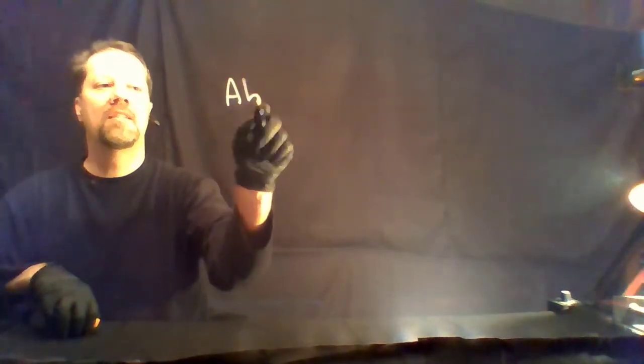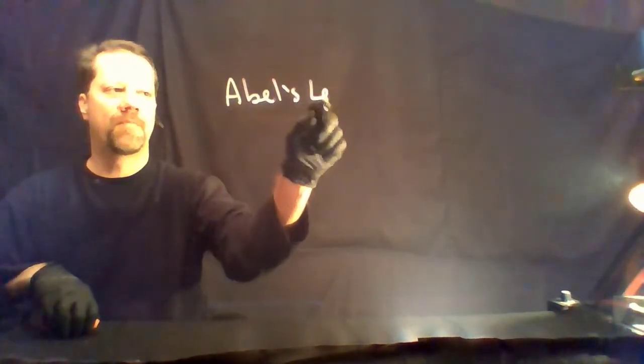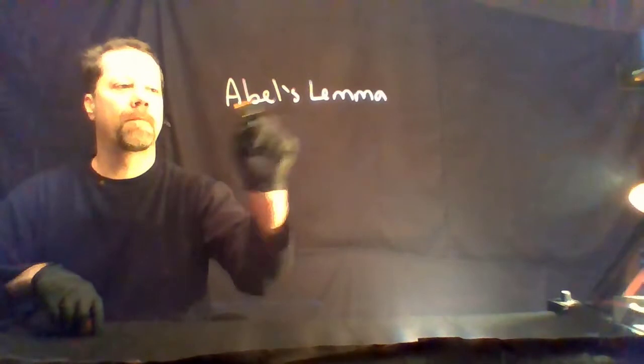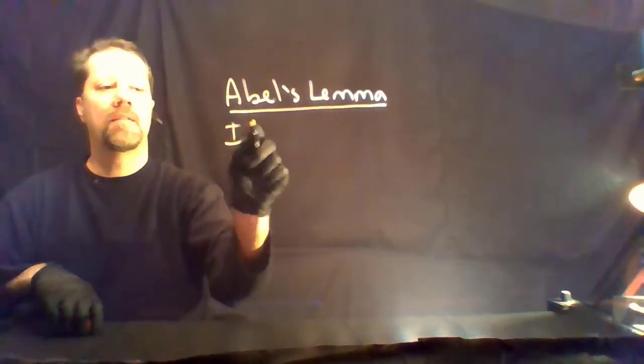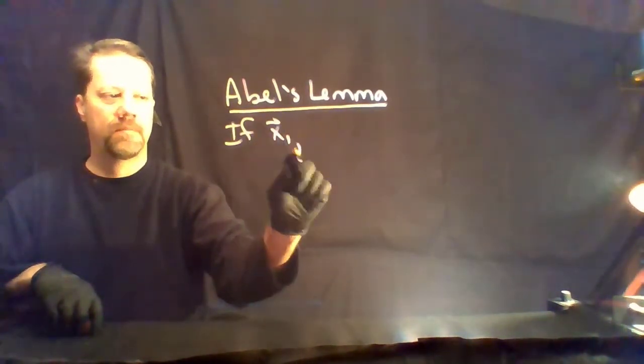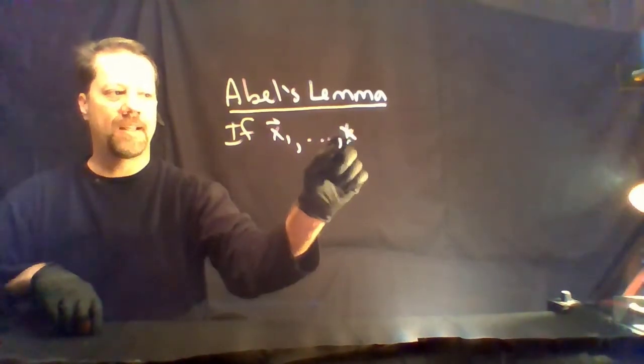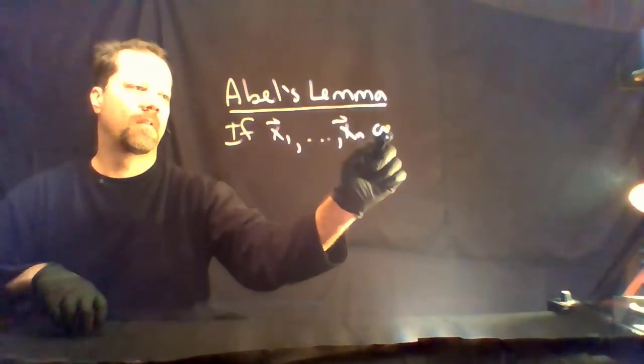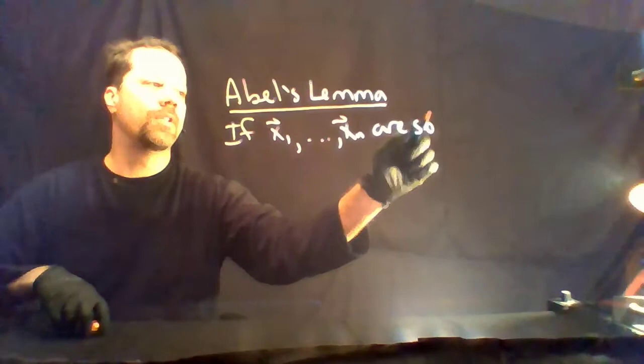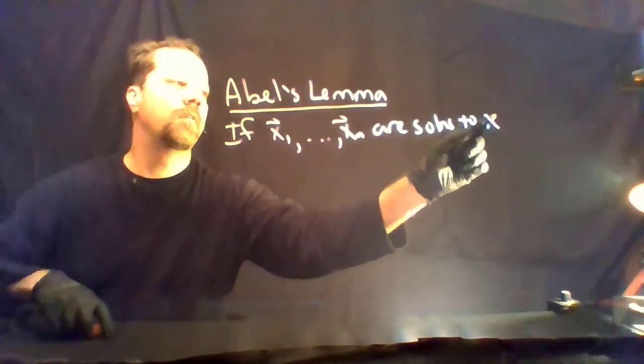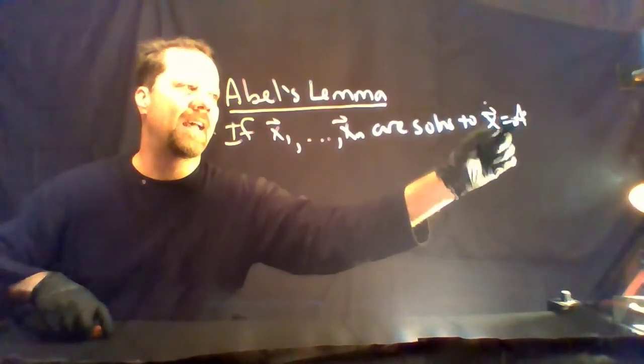Just as in the nth order linear case, we need an Abel's lemma. Let's suppose that x1 through xn are solutions to x dot equals Ax.